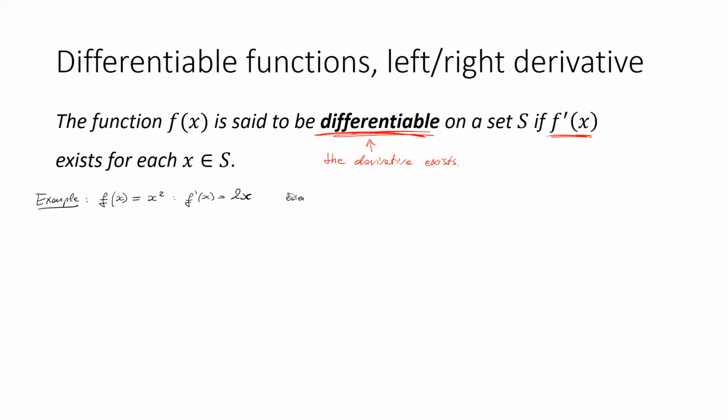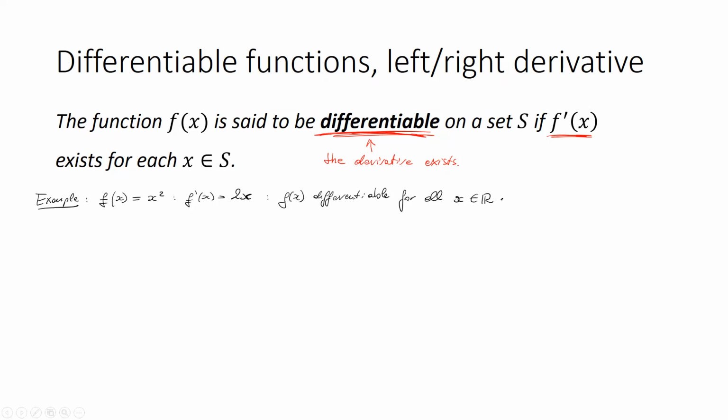So f of x is x squared, and f prime of x is 2 times x. That expression exists for every value of x. So here we say f of x is differentiable for all x in the set of real numbers.